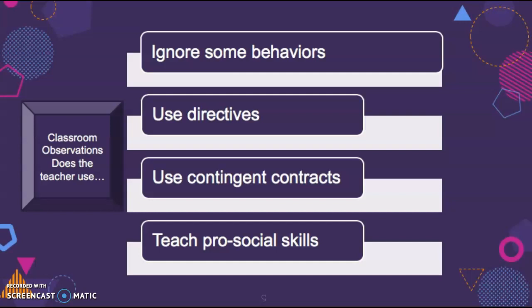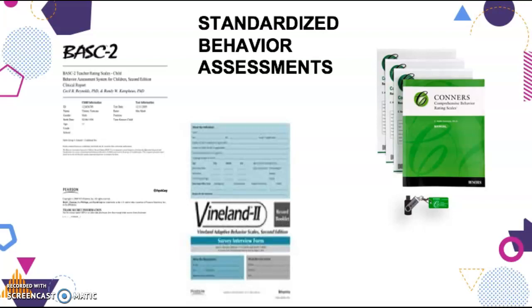So once you have examined your own teaching, you've examined your classroom rules, then you want to probably look at the student. There are some standardized behavior assessments that are useful that you can ask your social worker or your psychologist to do. Here are some common ones.